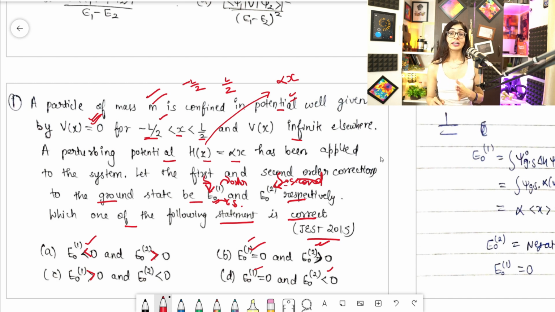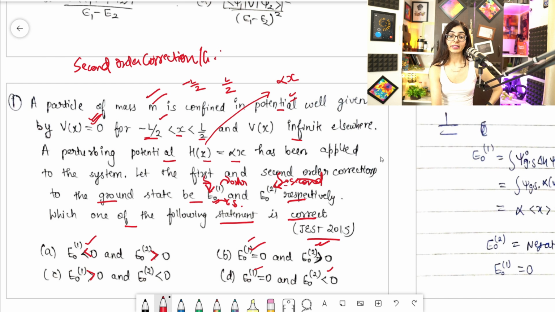First of all, let me tell you one thing, and please always remember it: the second order correction in the ground state will always be negative.